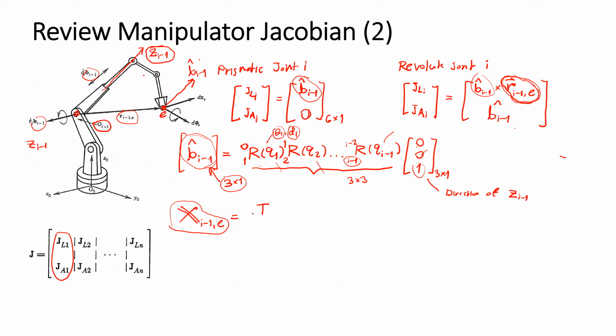The homogeneous transform metric of frame 1 with respect to 0 is a function of joint variable Q1. The second homogeneous transform metric relates frame 2 to frame 1 and is a function of the next joint variable.